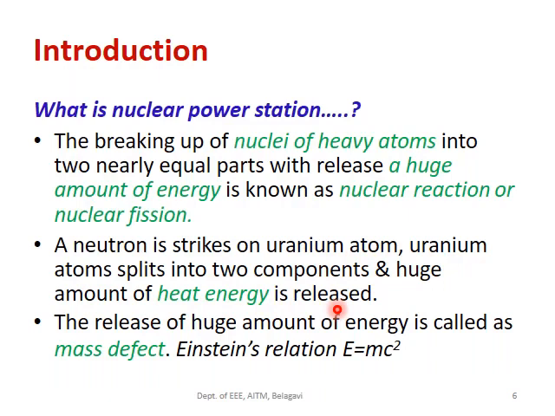We use that huge amount of energy to heat the water present in the boiler and produce steam energy. This mass defect is given by Einstein's relation E = mc².